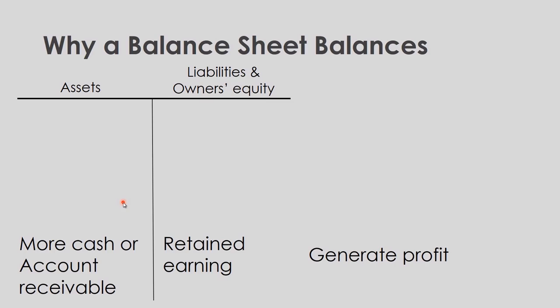If the company generates profit, it will increase cash or account receivable if the company does not collect cash yet, and we will talk about this when we learn income statement. On the right side, it is recorded as retained earning, and it becomes part of owner's equity. For all these cases, the left side and the right side balance.